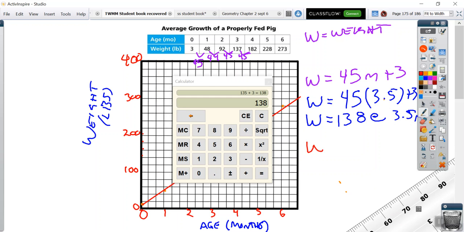Same idea. Weight is equal to 45 times 7 plus 3. So I would expect the pig to weigh roughly 318 pounds after 7 months. All right, so that's question 1.